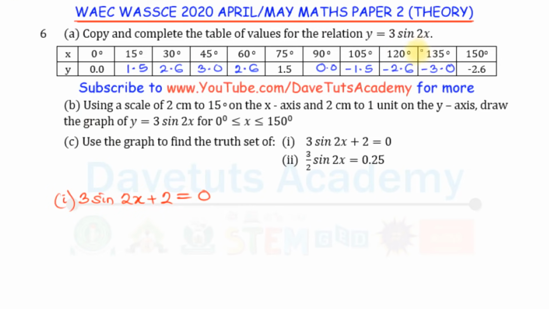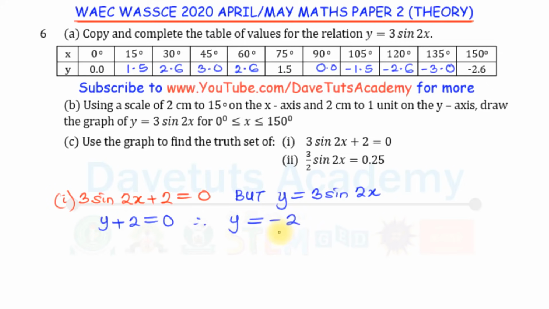And looking at the equation, we already know that y was given as 3 sine 2x. And that means that this first expression in the equation is nothing but y. So we can say y plus 2 is equal to 0, such that the value of y will be minus 2.